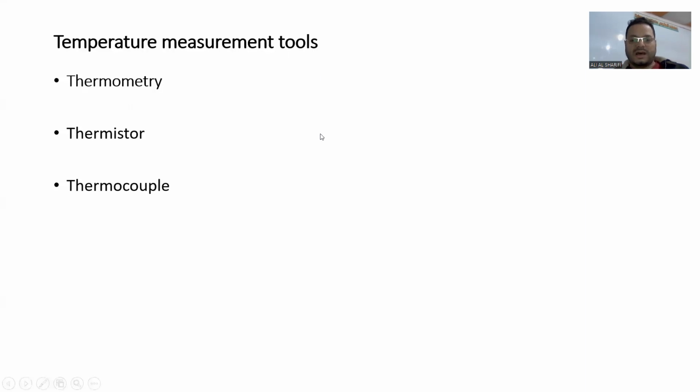Here at the last slide, the temperature measurement tools. We know it now. We have three important units: Celsius, Fahrenheit, and the last one, Kelvin. Now let's learn how we can measure temperature by using three different tools: thermometry, thermistor, thermocouple.